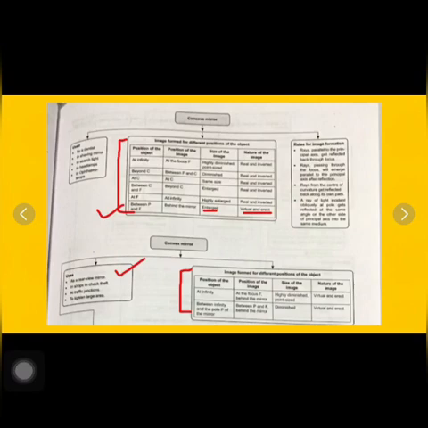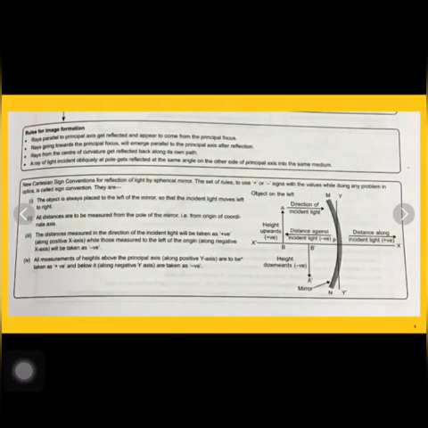Second, it forms a virtual and erect image, and third, it gives a wider field of view. That's why this mirror is used as a rear view mirror. It is also used in shops to check theft, at traffic junctions, etc. The image formation for this mirror is the same as we discussed for the concave mirror.